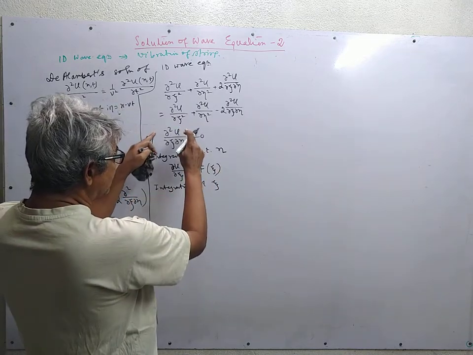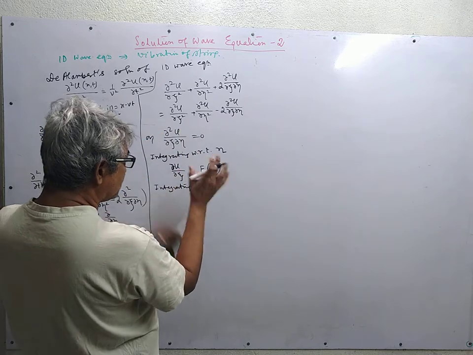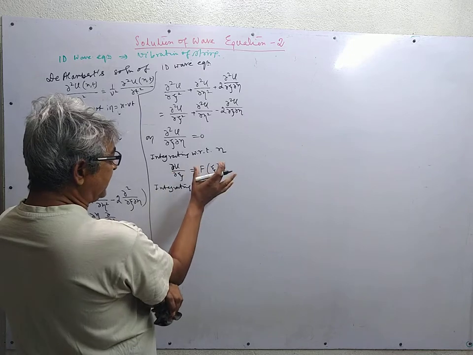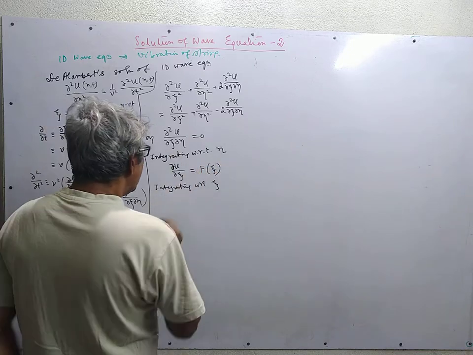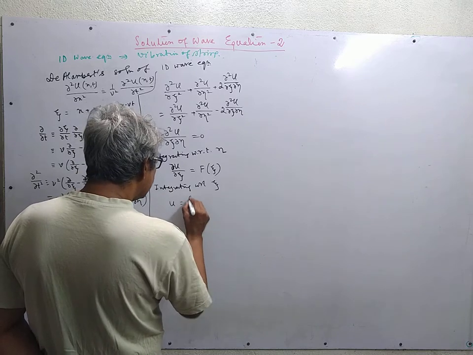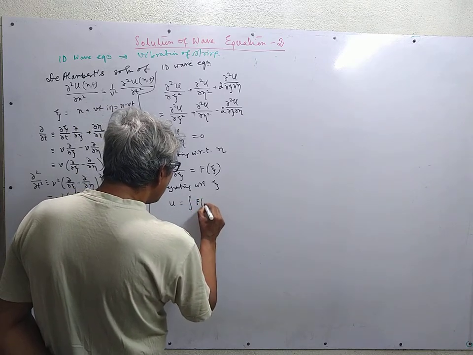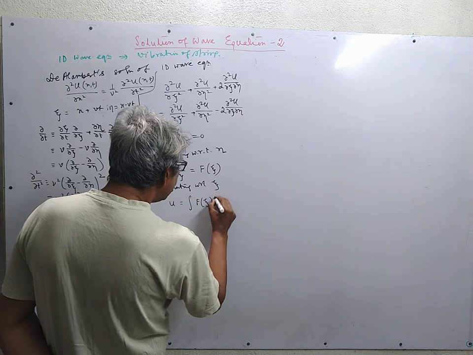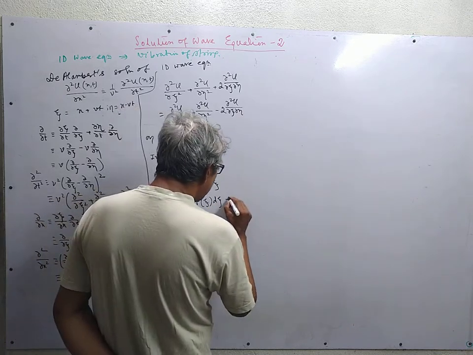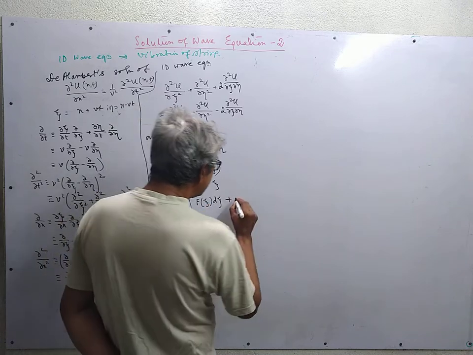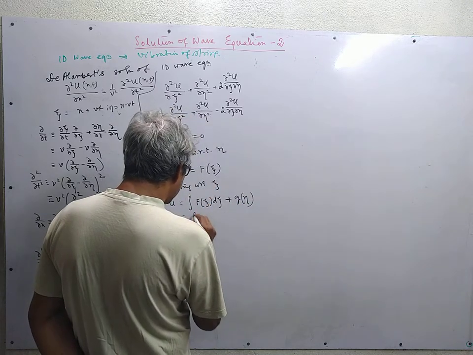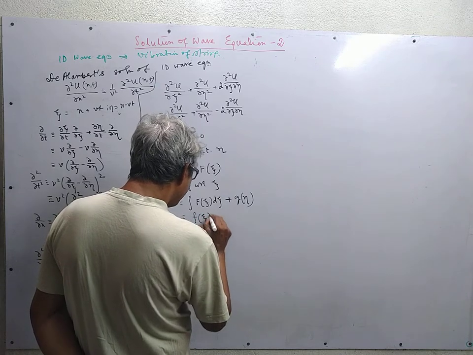We integrate it with respect to eta, so there will be an integration constant which is independent of eta. Here we assume it to be a function of xi. And if we integrate it, we get u as integral of f of xi d xi plus a quantity which is independent of xi, so it can be chosen to be a function of eta, and we call it g of eta.